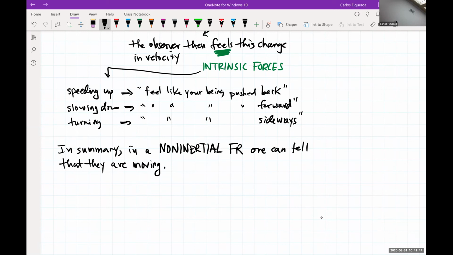Anytime you're in a non-inertial frame of reference, you know that you are moving because you feel all those intrinsic forces acting on you. And intuitively, you have a really good inside feel for this.